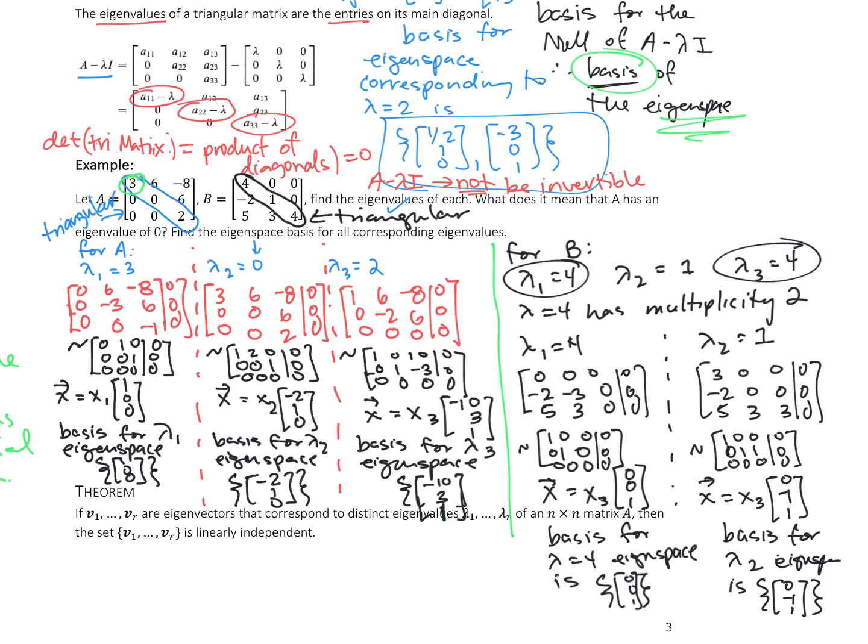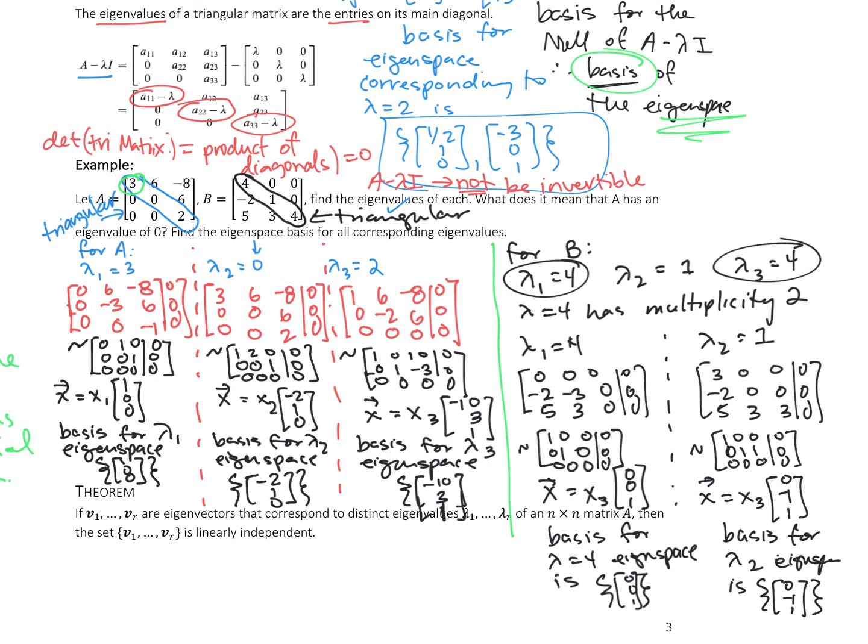All right. This last theorem says that if V1 through Vr are eigenvectors that correspond to distinct eigenvalues lambda 1 through lambda r of an m by n matrix, then the set V1 through Vr is linearly independent. So as long as those eigenvectors correspond to distinct eigenvalues, then that set is linearly independent.